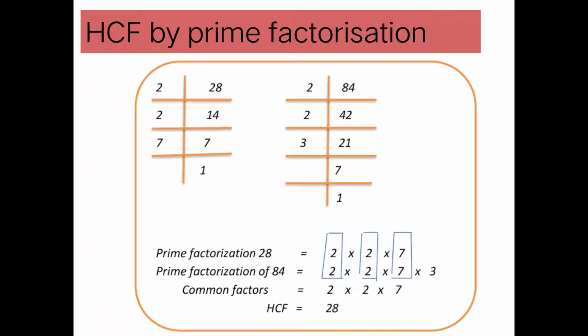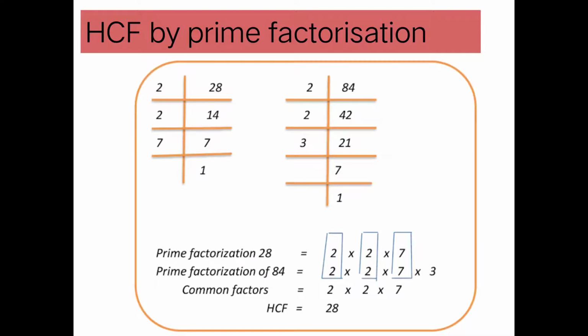In the 3 table this 21 goes 7 times. Then 7 goes 1 time, as we saw in the previous sum. Now the prime factorization of 84 is 2 into 2 into 3 into 7.